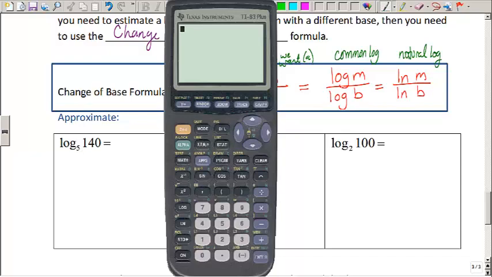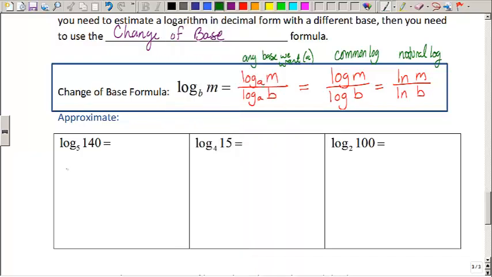Because we only have a LOG button or an LN button, we're going to be changing our base to either base 10 or base E. To change base 5 into base 10, we'll use the common logarithm. I have the quotient of log of the argument, 140, divided by log of the base, 5. Notice I'm using common log here.